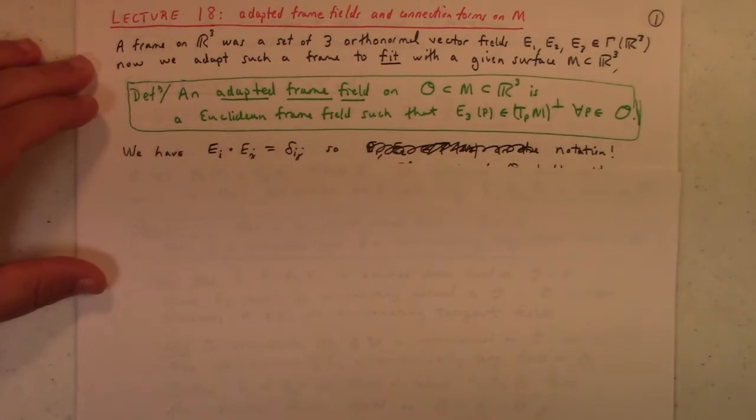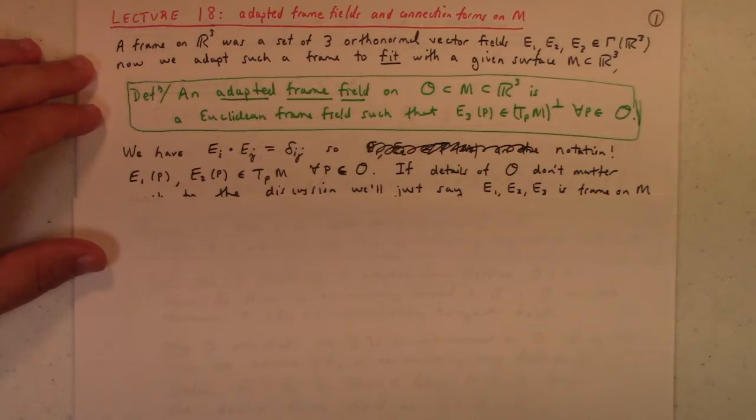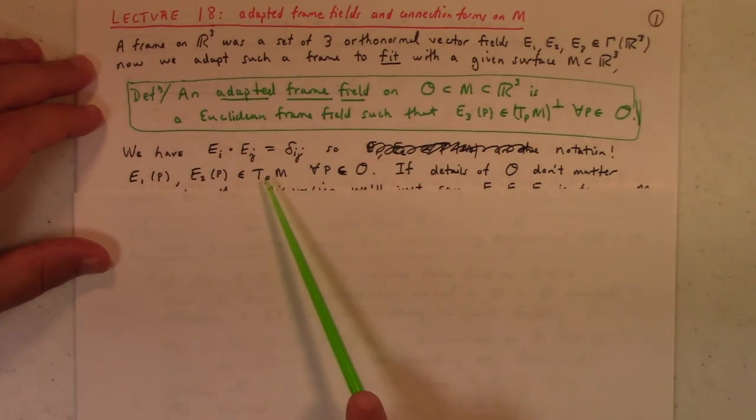All right, now, so of course we assume orthonormality. It's an orthonormal frame. And, of course, the first two, E1 and E2, have to be in the tangent space.